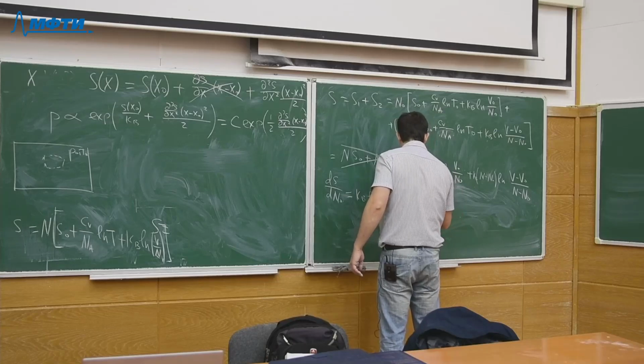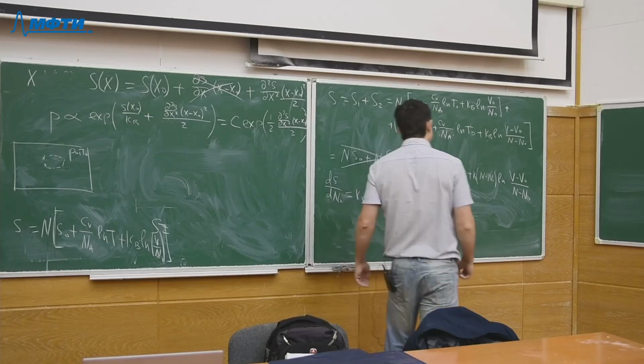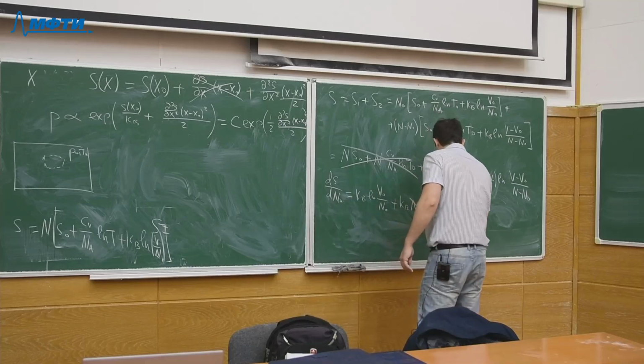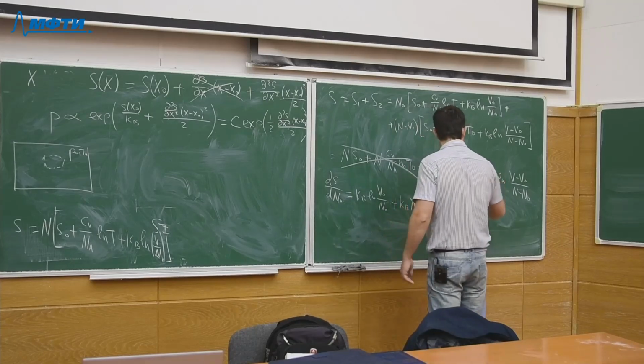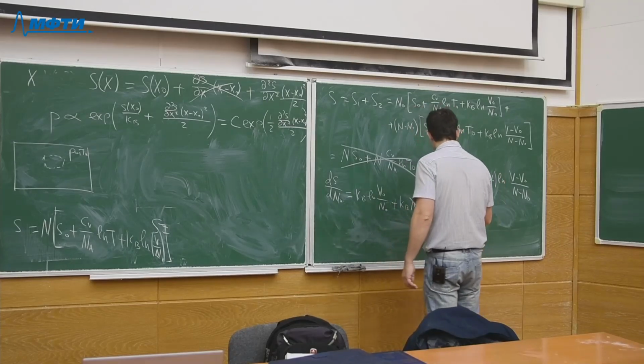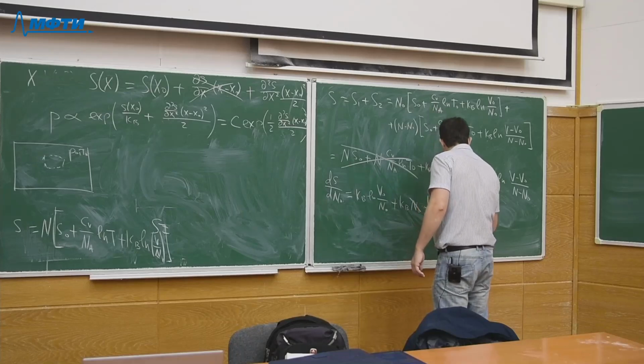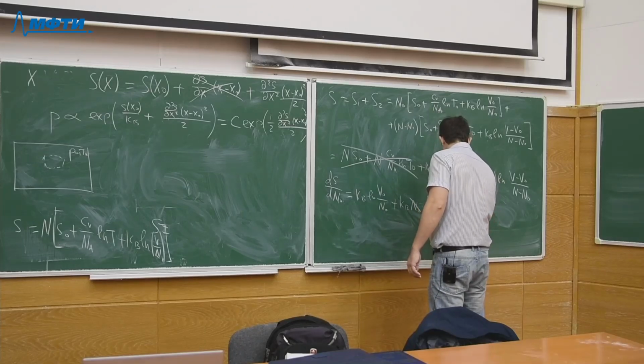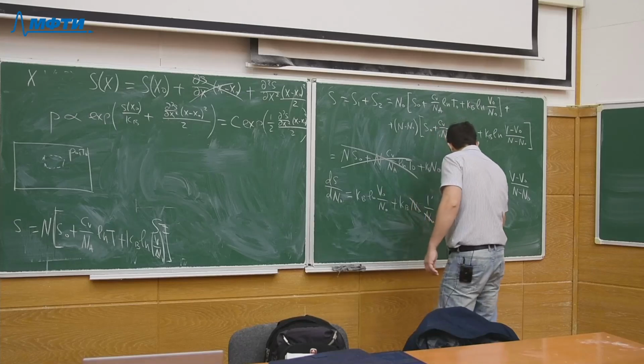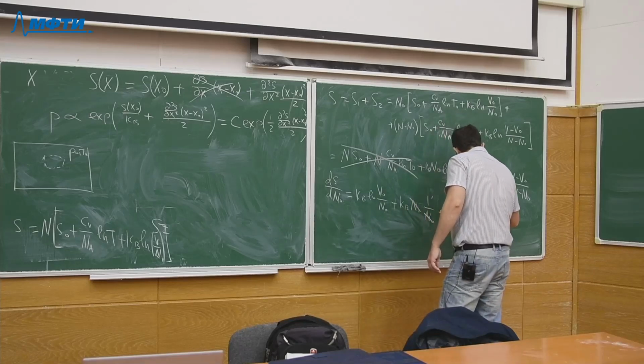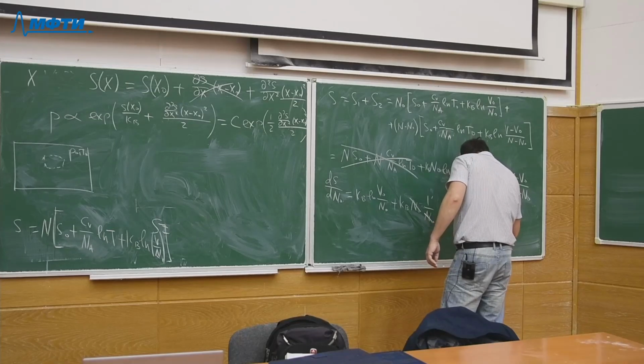So this is actually eliminated, plus the same procedure for the second term. I apply the multiplication rule and get kb times, okay, here goes minus kb natural log of (v minus v0) over (n minus n0).